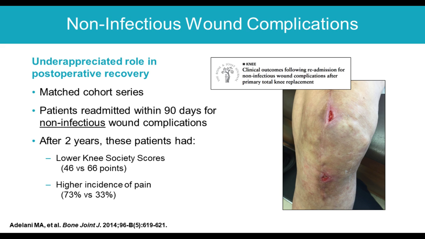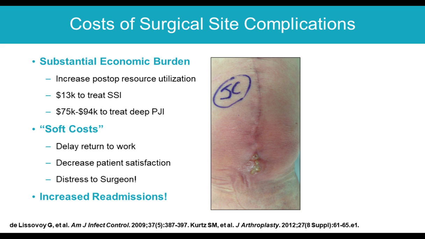And what they found was that in patients who were readmitted with a non-infectious superficial surgical site complication, like drainage or a wound dehiscence or a wound hematoma, these patients, when followed out to 2 years, actually ended up with lower Knee Society scores and higher rates of pain in their knee arthroplasty compared to a matched group that never had these superficial wound complications. So certainly more than meets the eye with these.